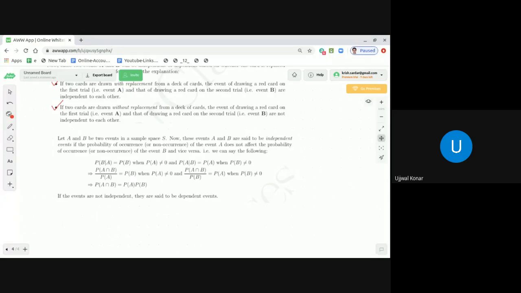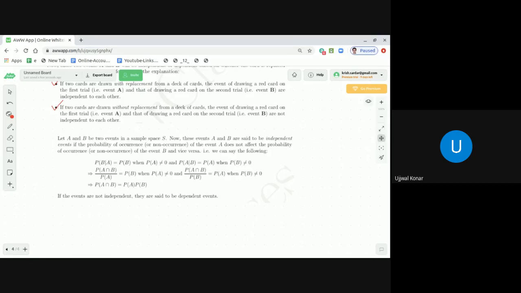These events A and B are said to be independent events if the probability of occurrence or non-occurrence of the event A does not affect the probability of occurrence or non-occurrence of the event B, and vice versa.